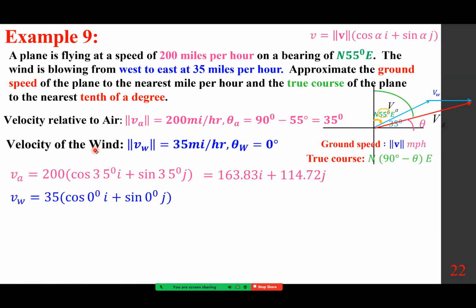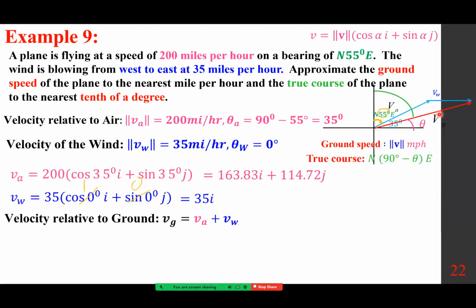Now, of course, cosine of 0, we don't need a calculator, is 1, sine is 0. So simply put 35i. And as far as the velocity is concerned, this plus this gives you the red one. Just add them up component-wise.